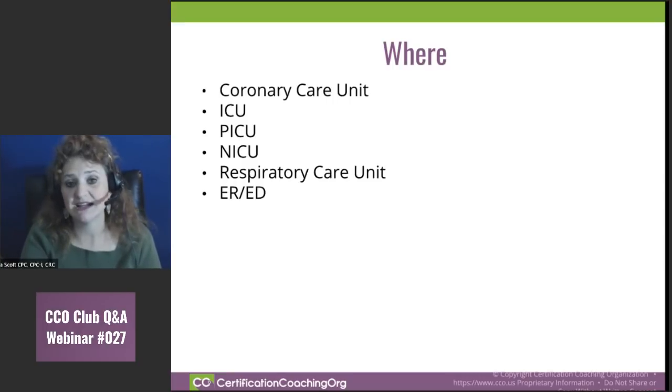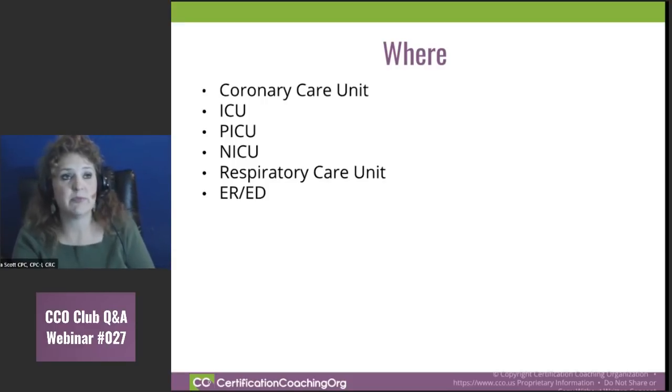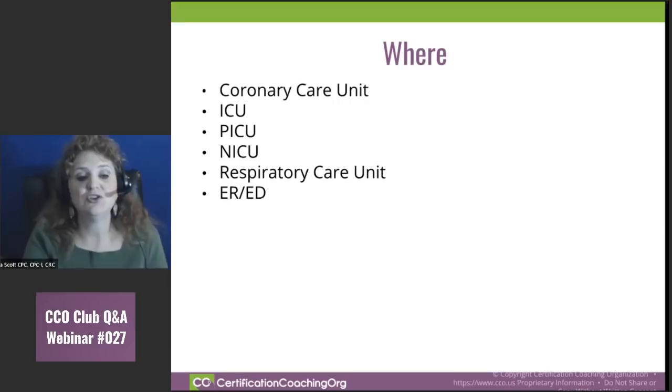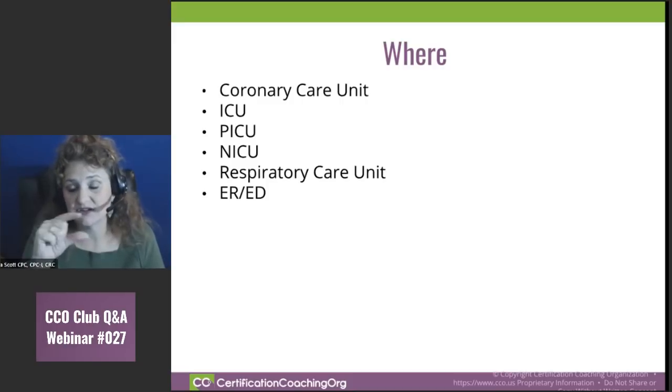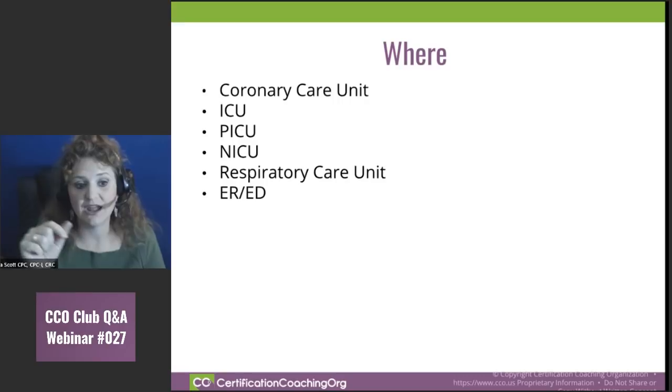You have the ICU, which is the intensive care unit, and everybody's usually familiar with that. Then you have the PICU, which is the pediatric intensive care unit, and the NICU, which is the neonatal intensive care unit, and that is all divided up by age from pediatric to neonatal.